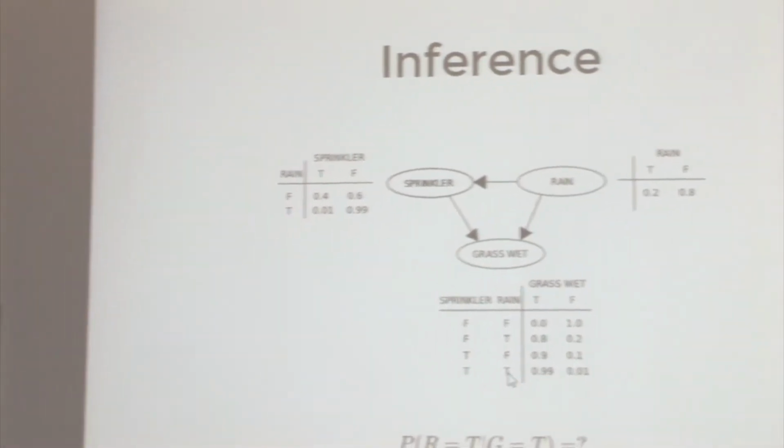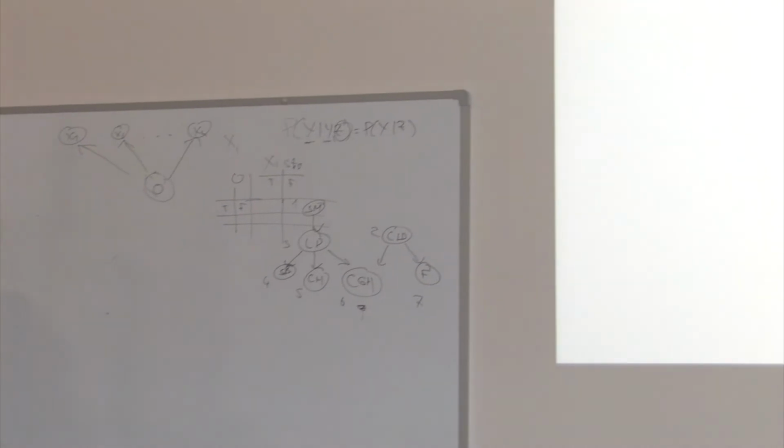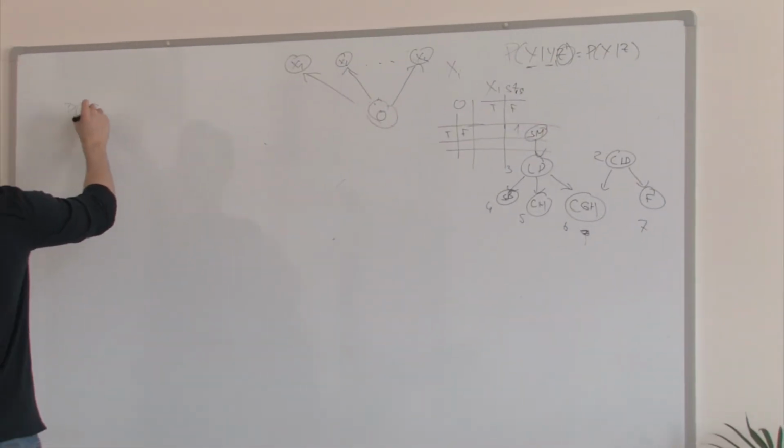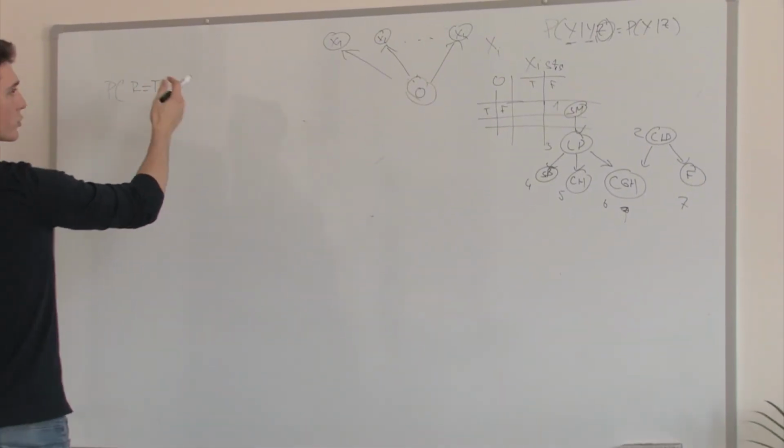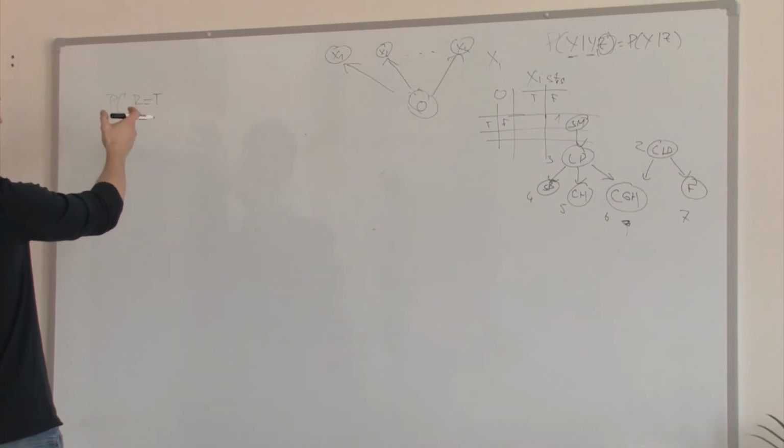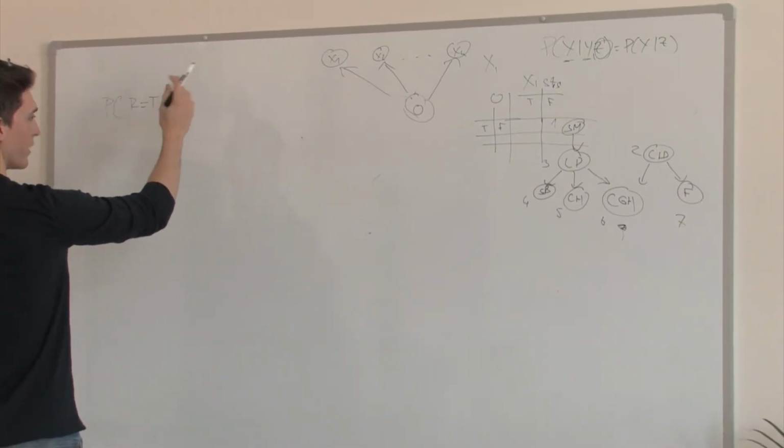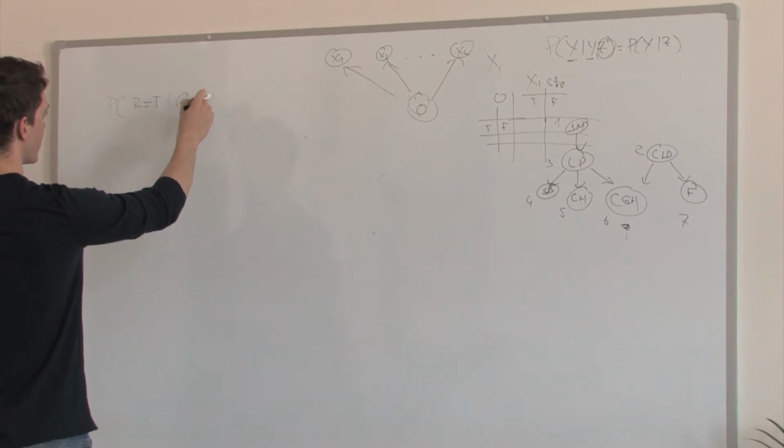Okay, so I want to know the probability of the rain being true, so that means that it has rained, given that I see the evidence that the grass is wet.